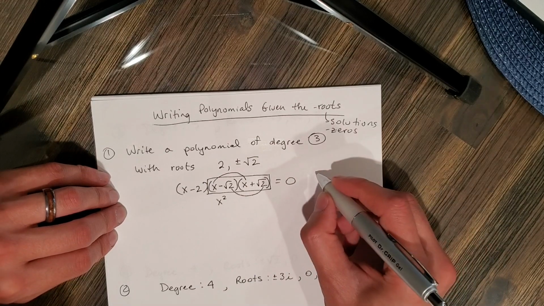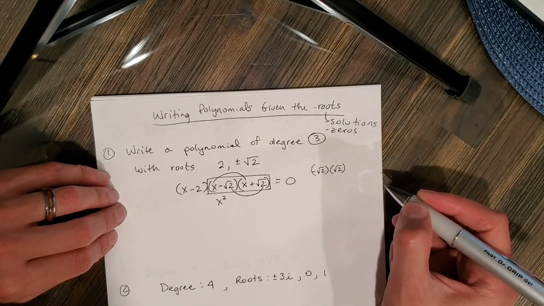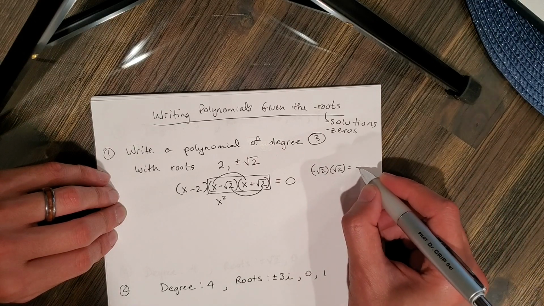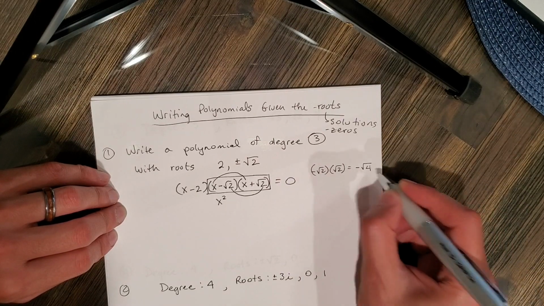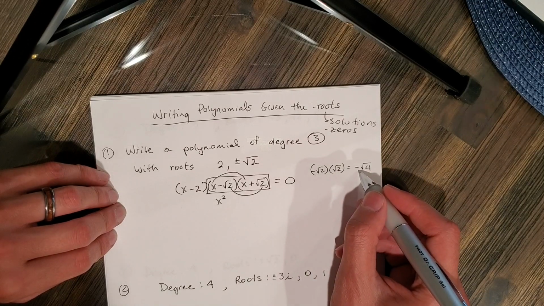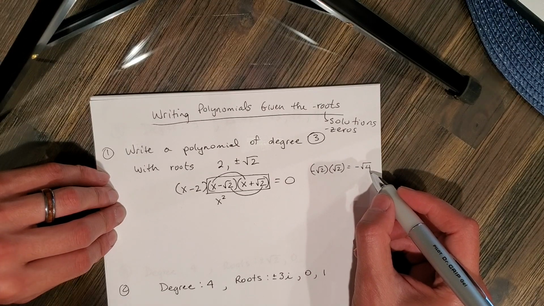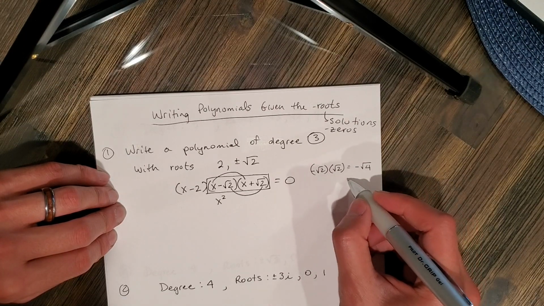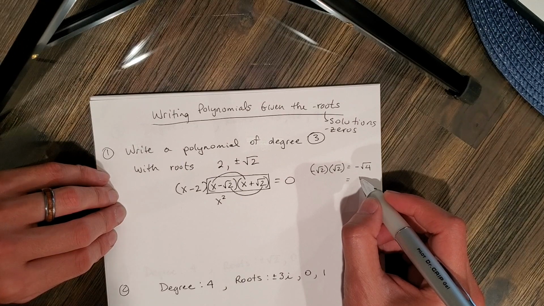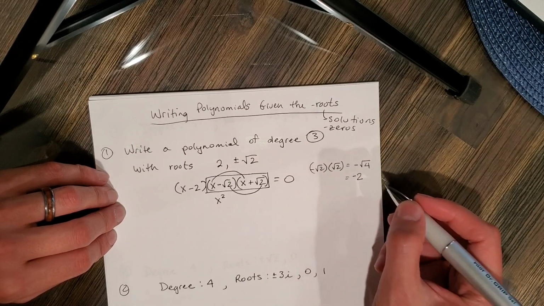Now notice here, if I multiply a negative square root of 2 times a positive square root of 2, I get negative square root of 4, right? A negative times a positive is a negative, right? Okay? Now, what's the square root of 4? Oh, that's 2.